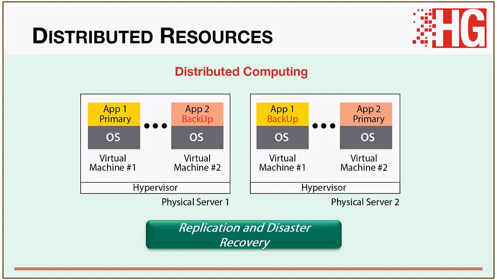Now, a lot of people go, well, if they're in the same building, that doesn't really matter. Well, we do have a particular customer that's actually doing this where one set of resources is on the East Coast and the other set of resources is on the West Coast. So they're able to have full disaster recovery, full replication capabilities.